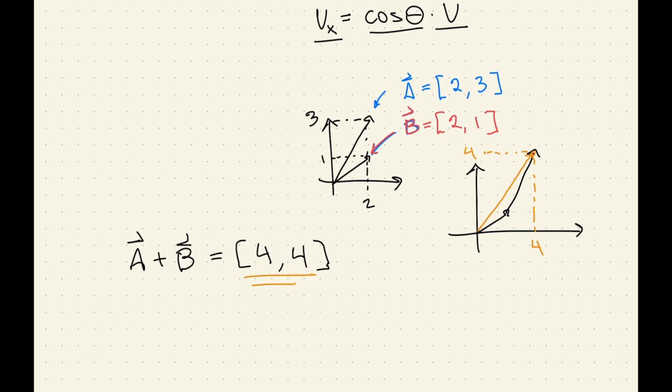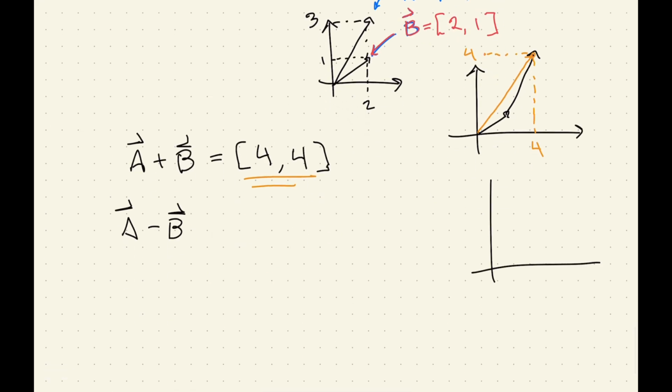You can also subtract vectors, so A minus B. This is a little more complicated to do, but how I like thinking about it is, you have one vector here and another vector here. Let's say this is A and this is B, you could just find what negative B is. And negative B is just B with a negative sign on each of its components.